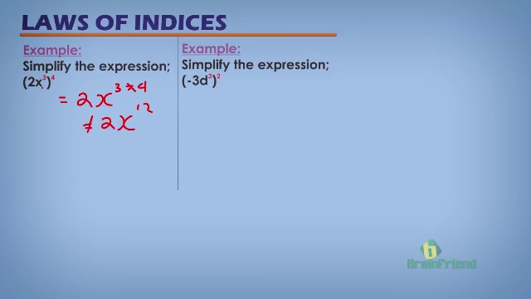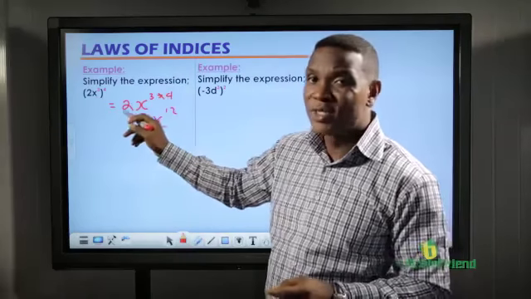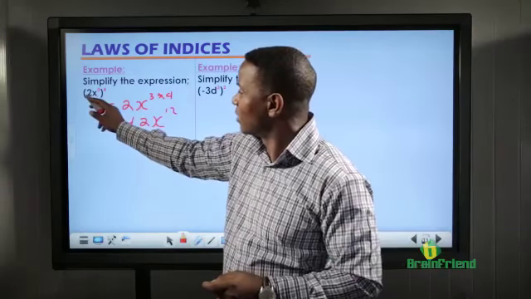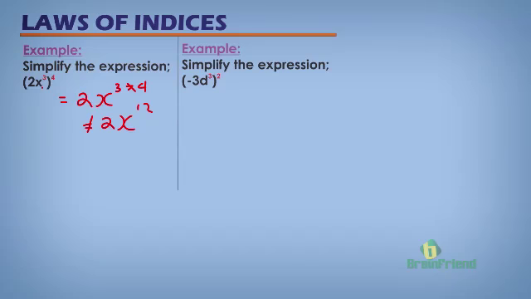This is wrong. This is incorrect, because we said that our bracket tells us that our operator outside works on everything in between. So let's solve this again. This would be 2 raised to power 4. This 2 here is also affected by the power.